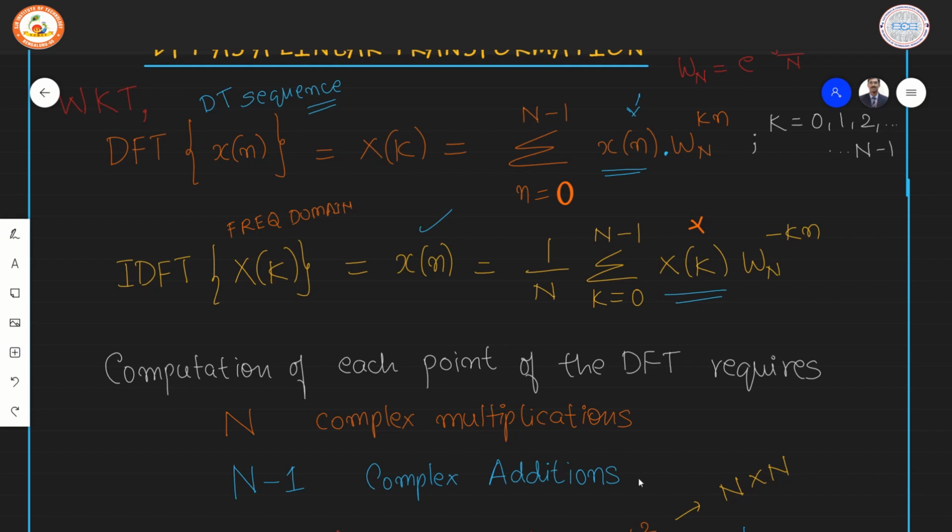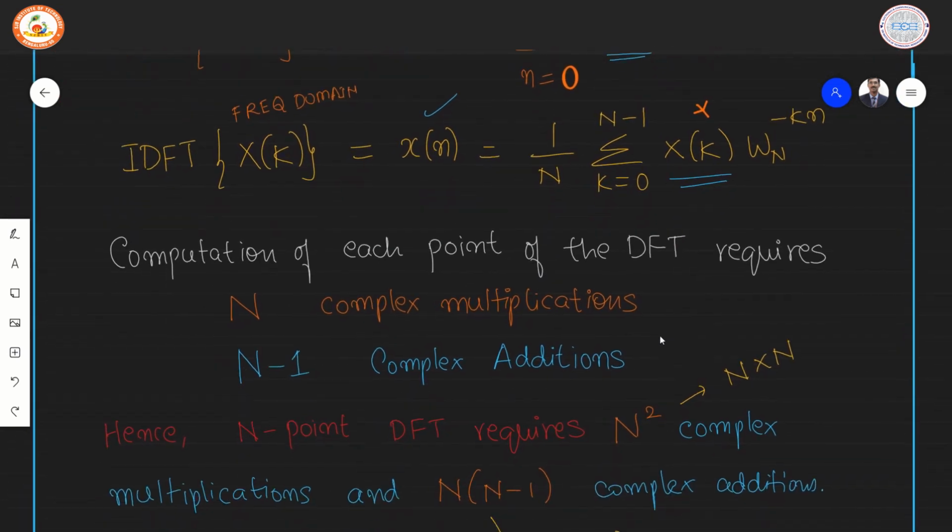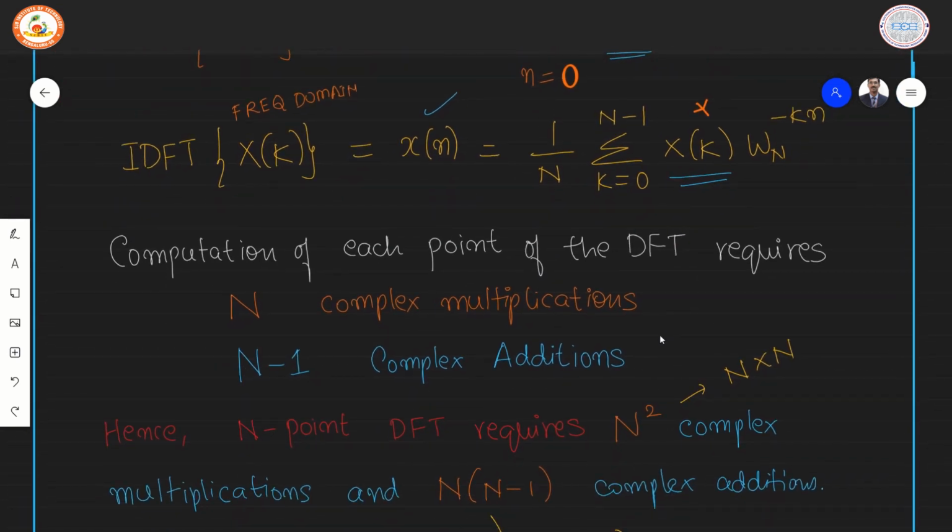So multiplying by N into N, the total number of complex multiplications an N-point DFT requires is given as N square. And the total number of complex additions, since the operation is done N times for N different values, becomes N multiplied by N minus 1.